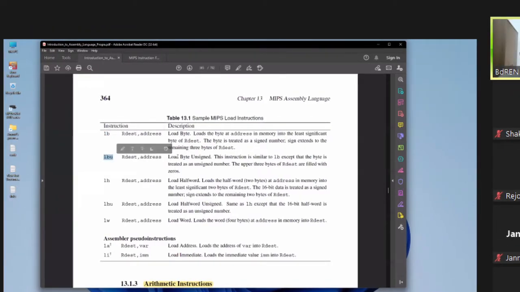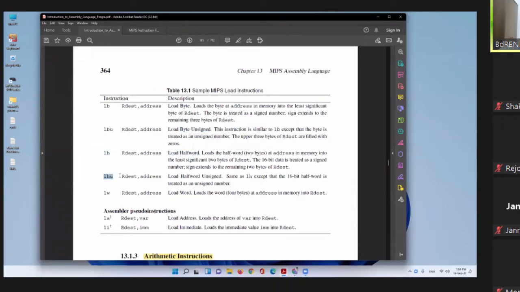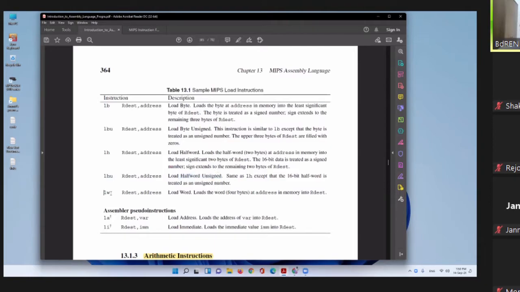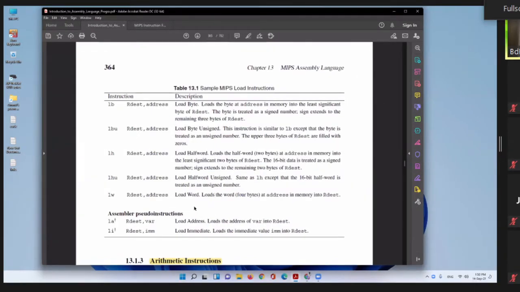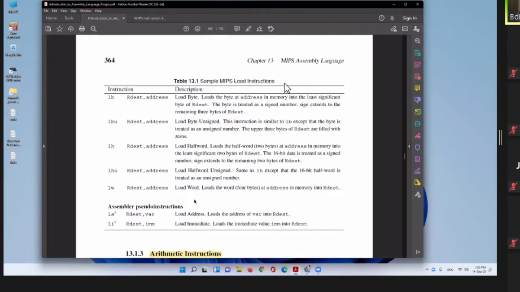LBU is unsigned byte. LH is half word. LHU is unsigned half word. And LW is load word. Depending on the size of the data, you can transfer or load it.